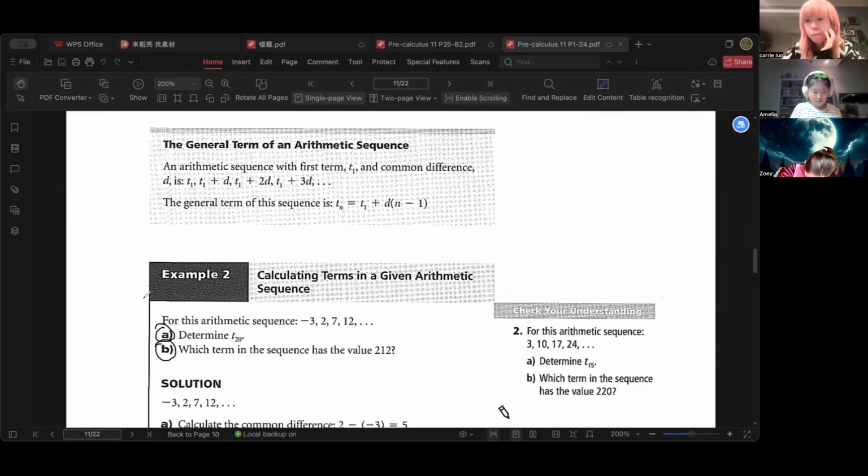Done? Okay, so in order to check if you understand, let's take number 2. There's an arithmetic sequence, 3, 10, 17, 24.